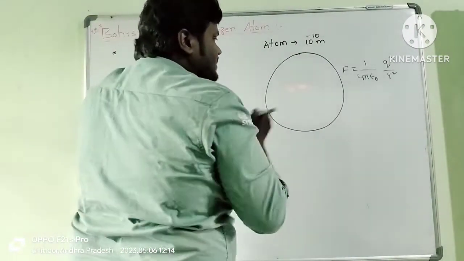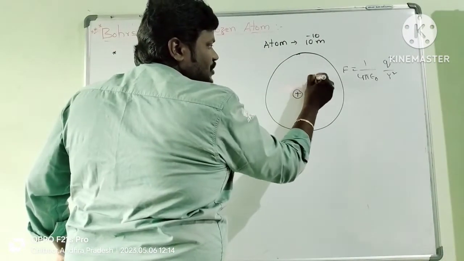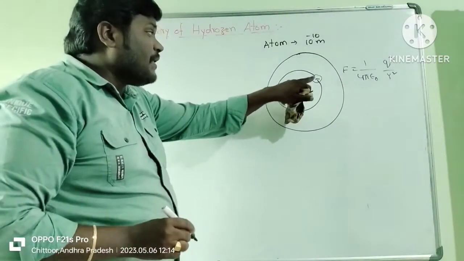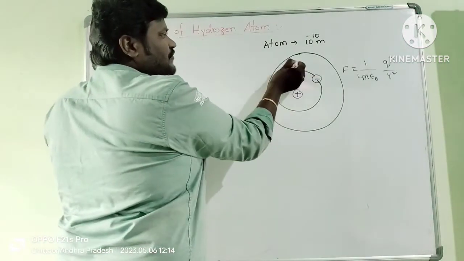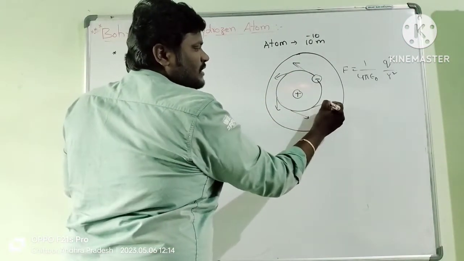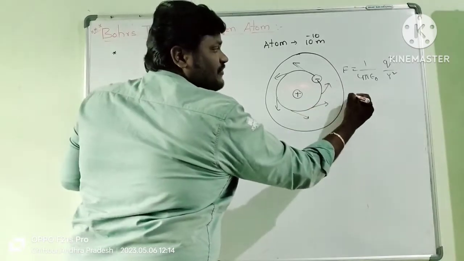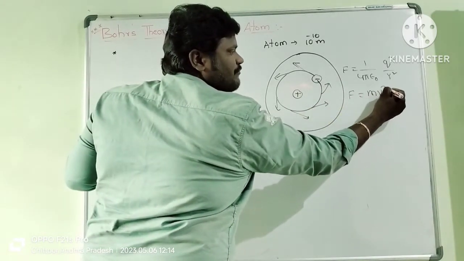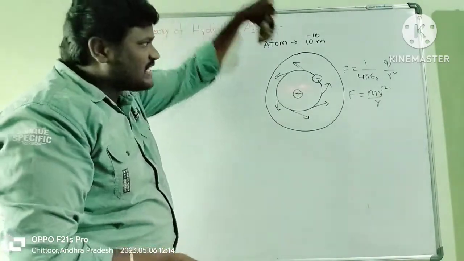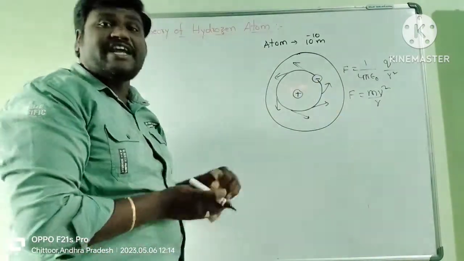Now this electron is continuously moving in this direction, creating a centrifugal force. The centrifugal force is generated by the circular motion. The centrifugal force is F equals mv square by r. So there is a centrifugal force in the outward direction, and there is a Coulombic attraction force in the inward direction.